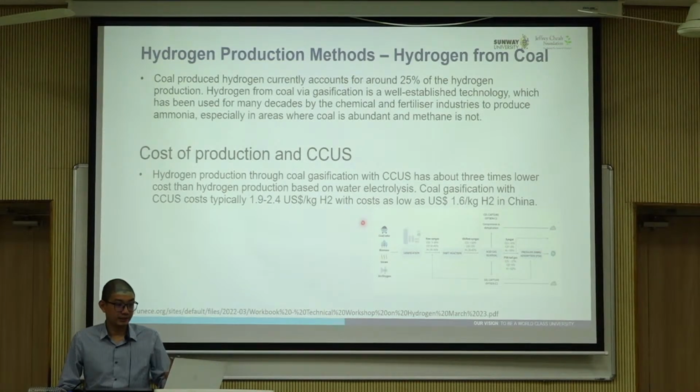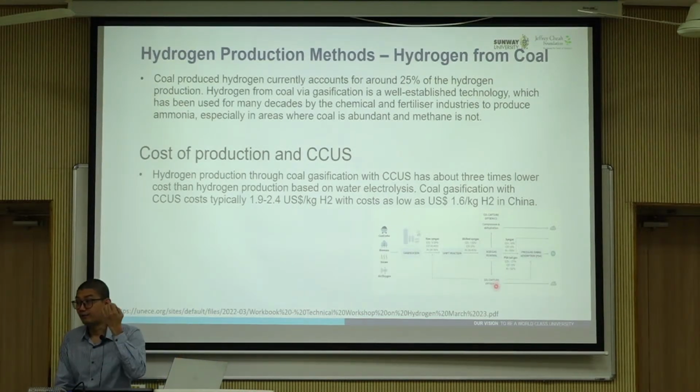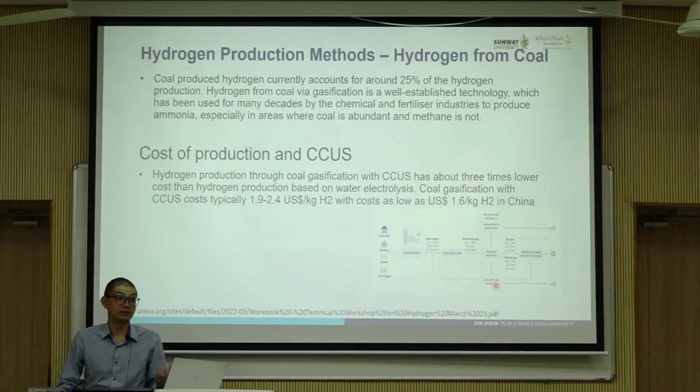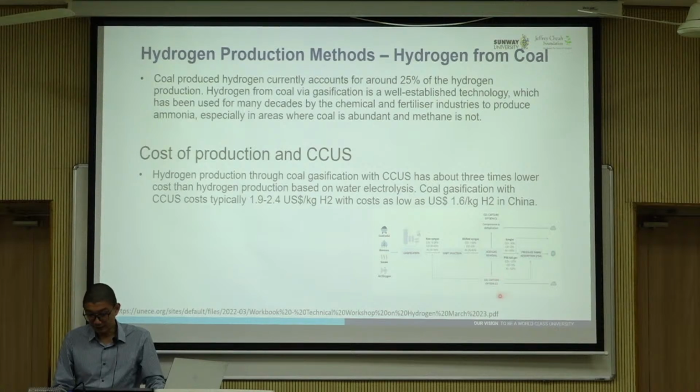Previously, the production of hydrogen, from coal or natural gas, was without a carbon capture unit. But in recent 5 years, they add a carbon capture unit in order to capture the CO2, because hydrogen from coal and natural gas produces a lot of CO2.